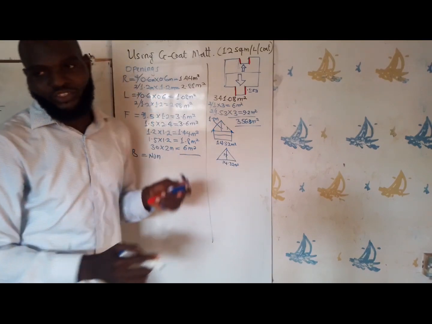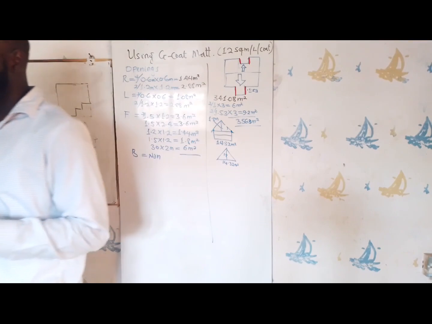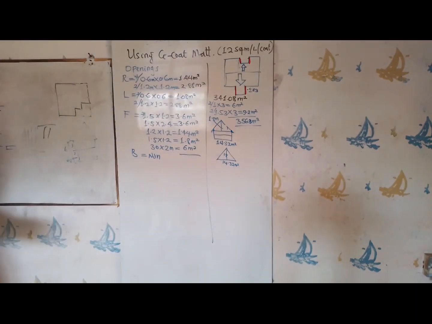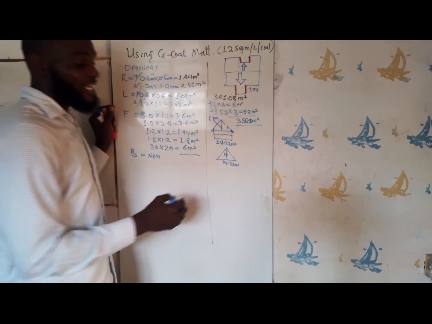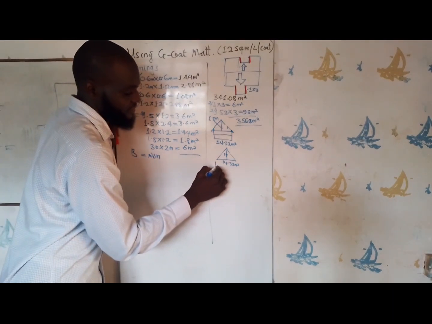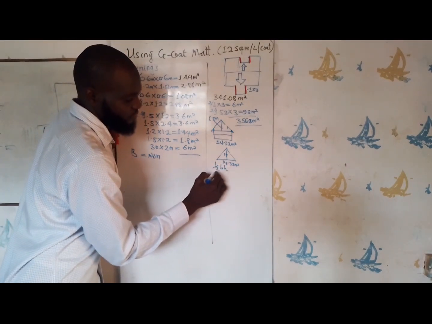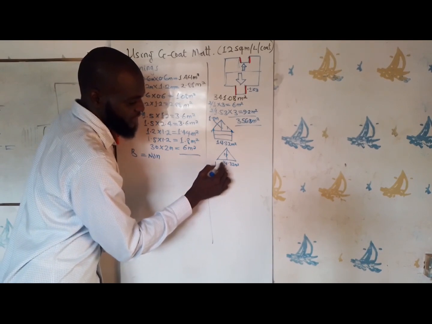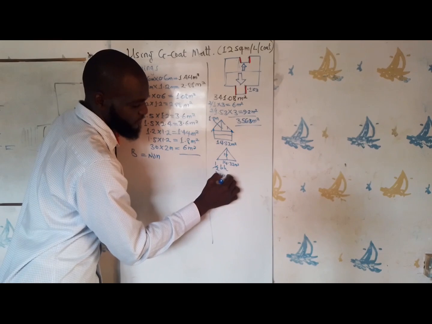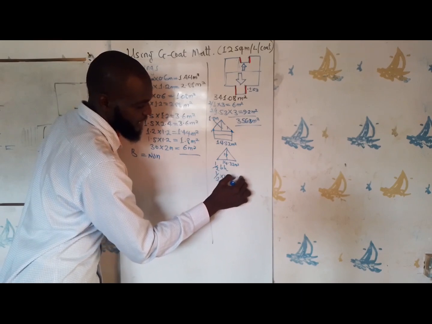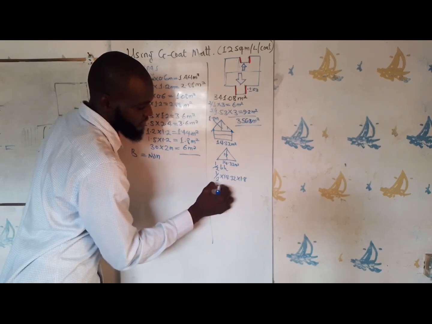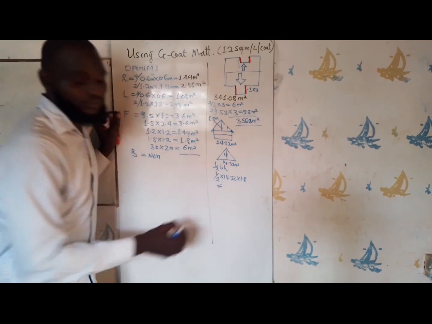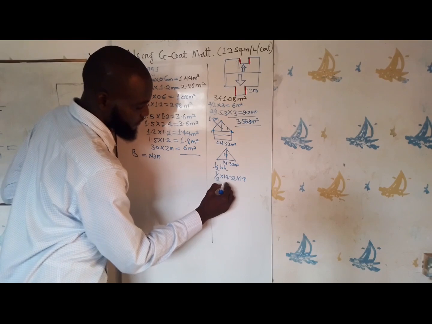What is the area of a triangle? The area of a triangle is half base times height. So half times, what's our base? 14.32. Our height is 1.8. What would that give us? 25.